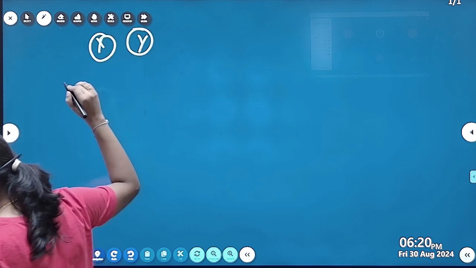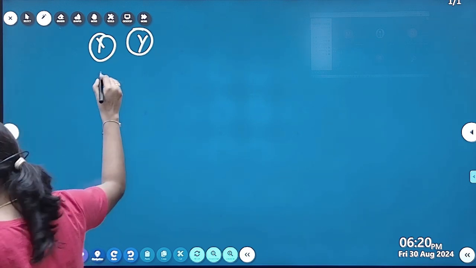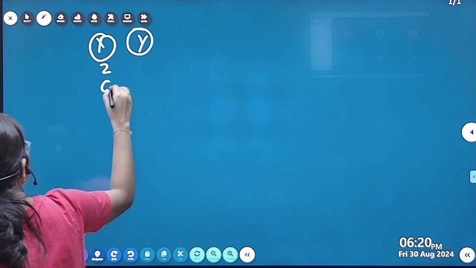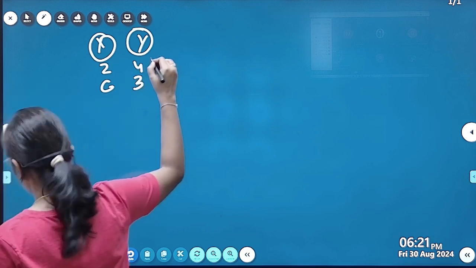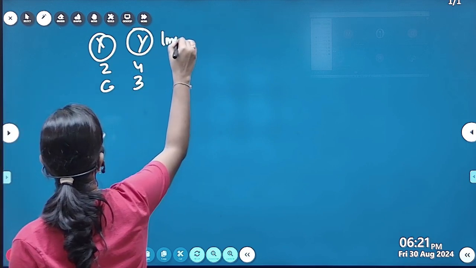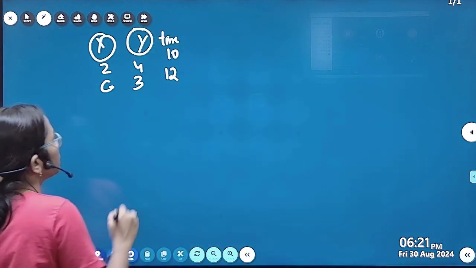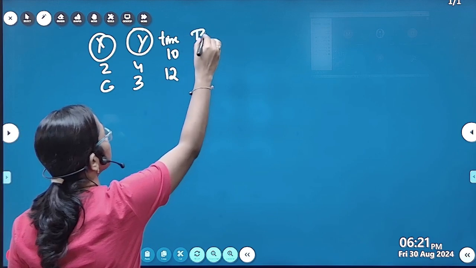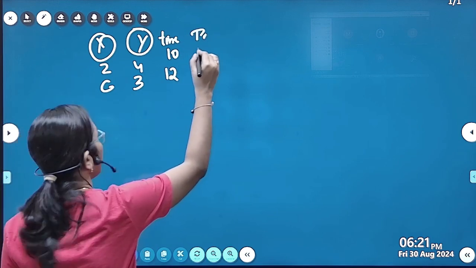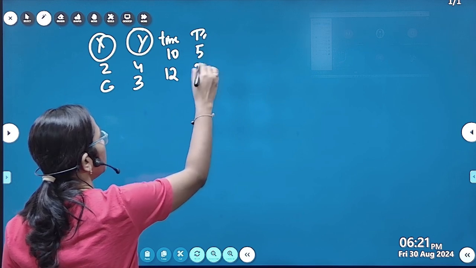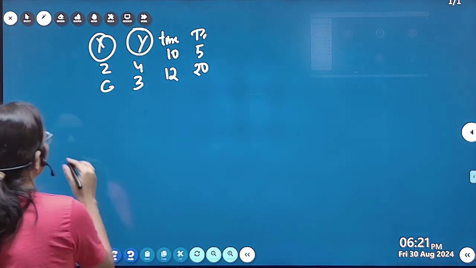Pay attention to this question, this is somewhat typical. So 2, 6, 4 and 3, and time available 10 and 12. So what's the profit? 5 and 20. So tell me the objective function.